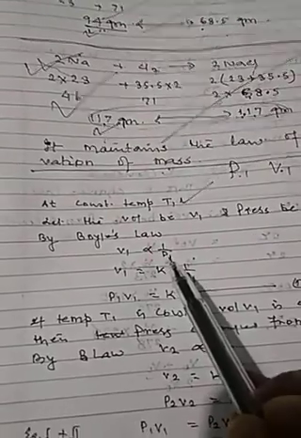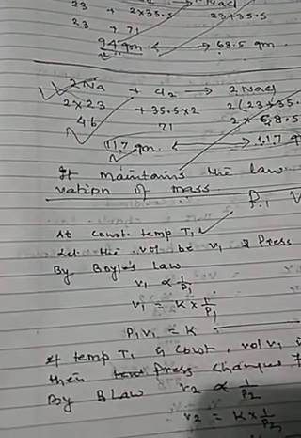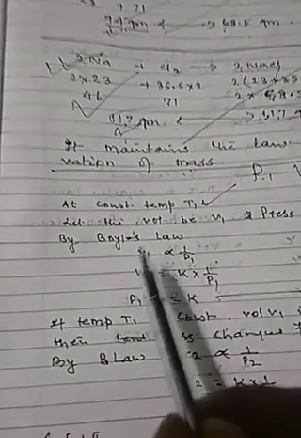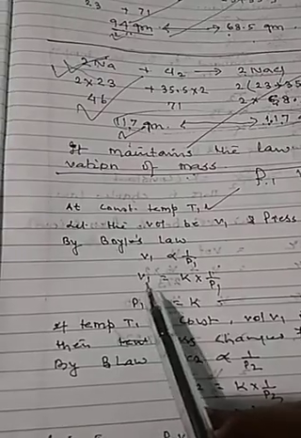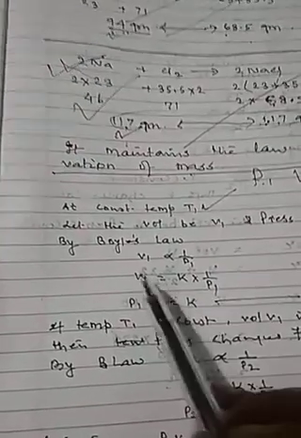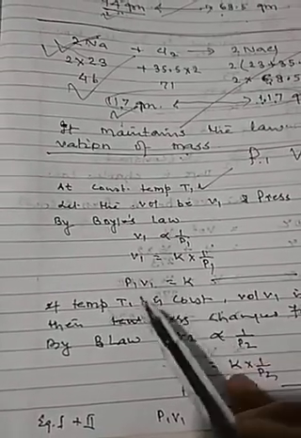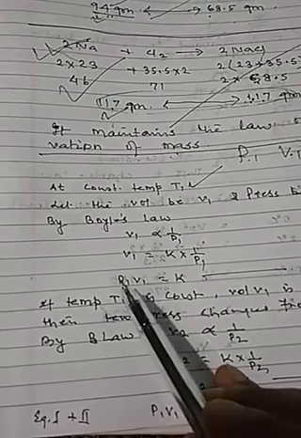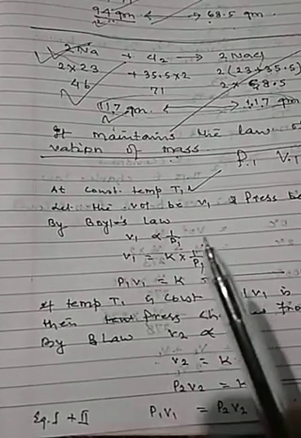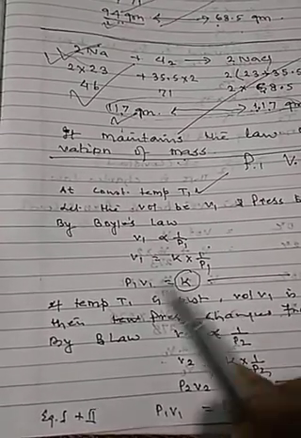In maths, we have studied wherever there is a ratio or proportion, there will be a constant. So we can write V1 is equal to K into 1 by P1, or P1 V1 is equal to constant. So the product of pressure and volume at a certain temperature comes K1.